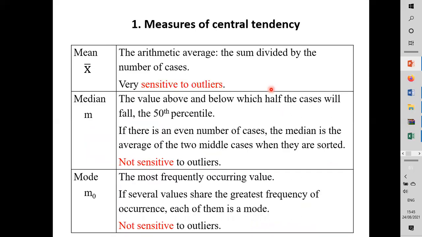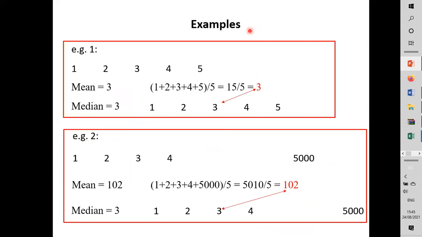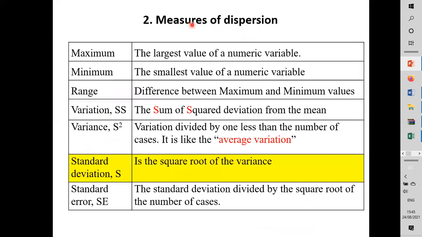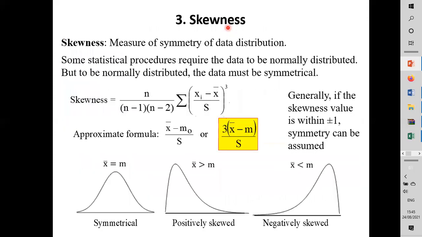In quantitative data, we are talking about measures of central tendency, where the data is centered, and measures of dispersion, how much the data is spread, how much it differs from each other. Then we talk about skewness, data symmetry, whether it is symmetrical or asymmetrical.